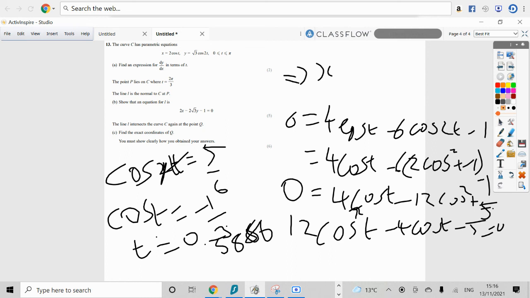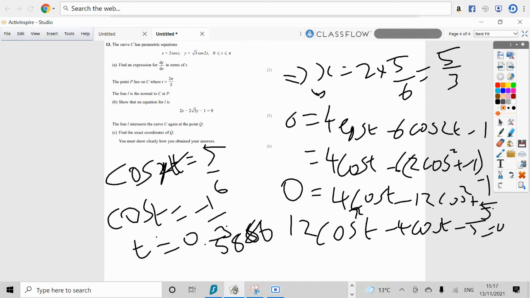So x then is 2 lots of 5/6, which is just 5/3. So we're ending up with y being equal to root 3 times, subbing into the original, 2 lots of 5/6 squared minus 1.